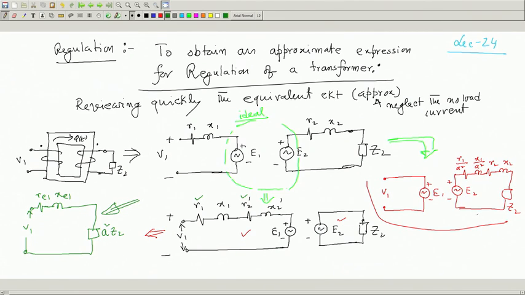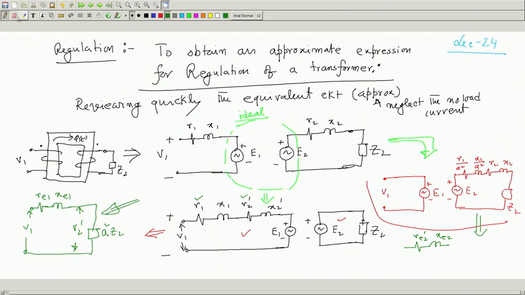Similarly, this one you will show here as B 2 dashed. Here similarly, this will be shown as R E 2, X E 2.